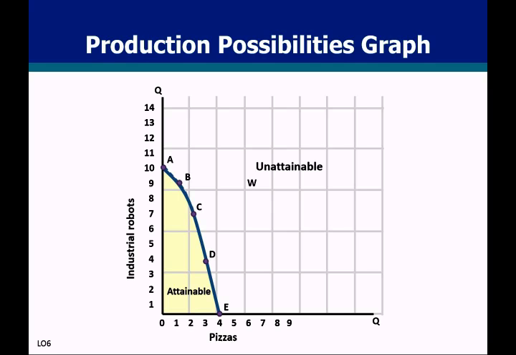This tan area represents points within this model I can attain. I can produce 4 robots and 2 pizzas, right? But if I do that, I'm falling somewhere beneath that blue line. And if I do that, I'm experiencing waste because I'm not engaging all of my resources to the best of their capability.